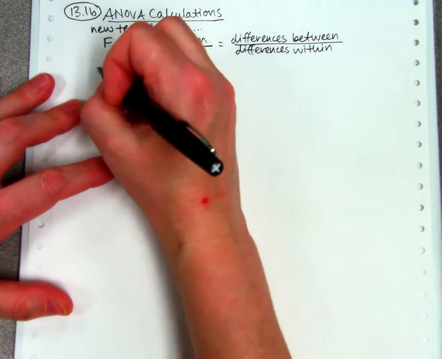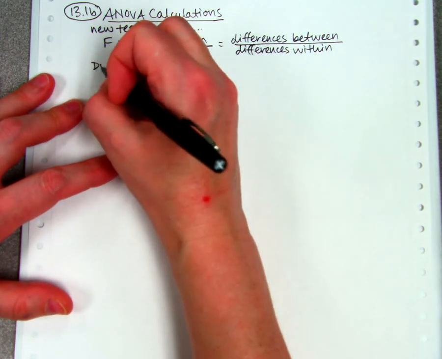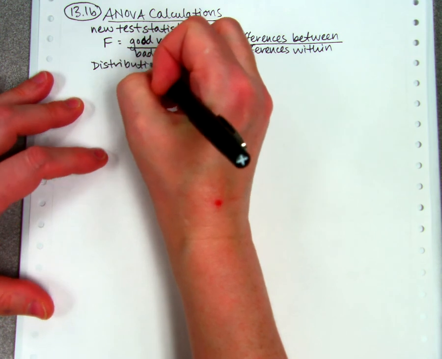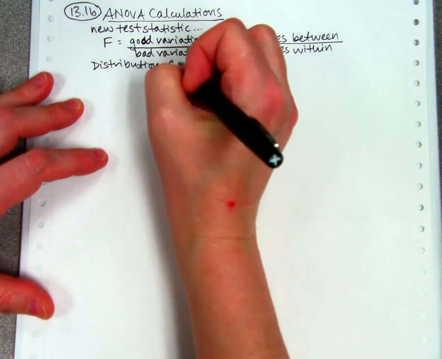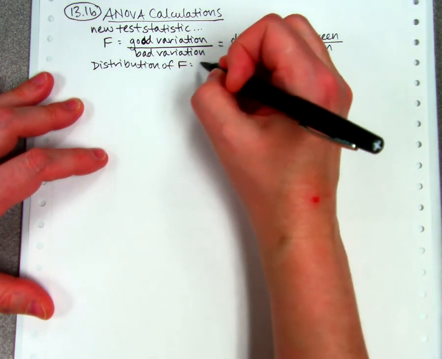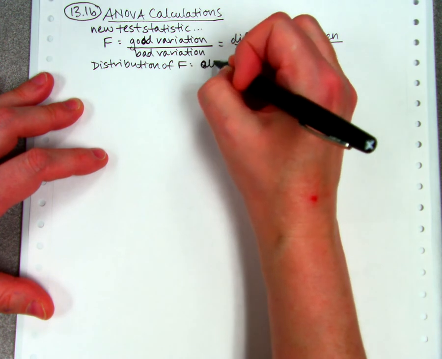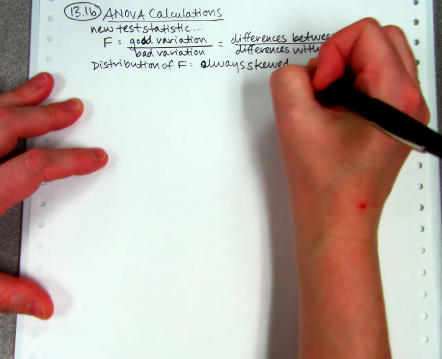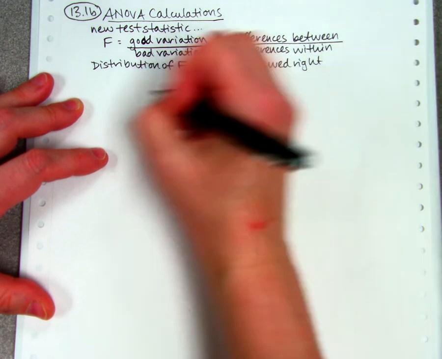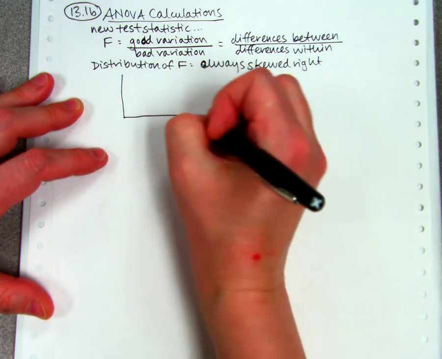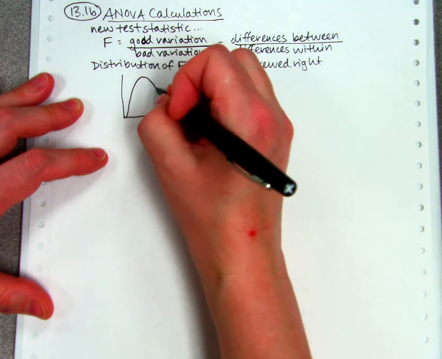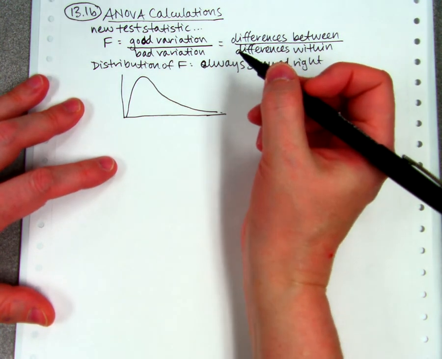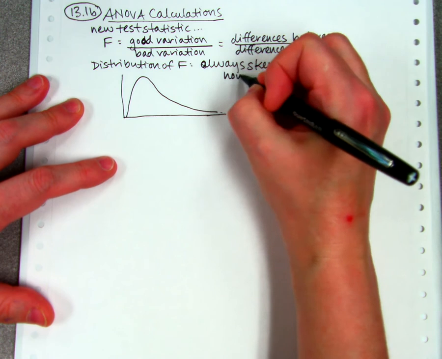So before we talk about how they're calculated, let's talk about the distribution of F, because it's a weird distribution. It actually looks similar to chi-squared on a graph because it's always skewed right. How skewed depends on the degrees of freedom, and that's kind of like chi-squared also.